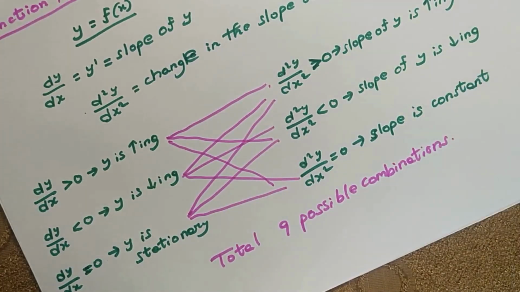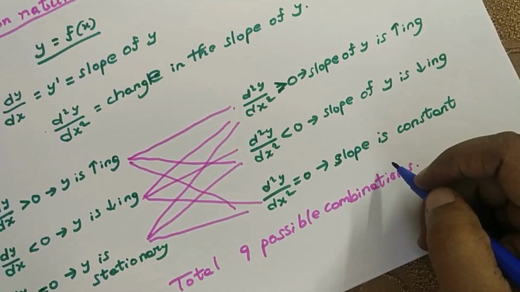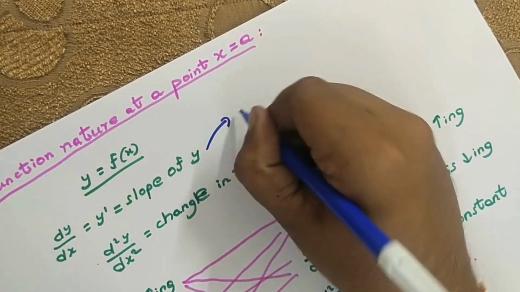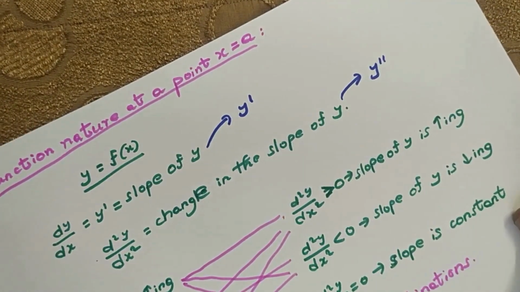Let's consider all those cases now and see an in-depth analysis. This dy by dx is called y dash, and d square y by dx square is called y double dash. Let's see those 9 possibilities now.